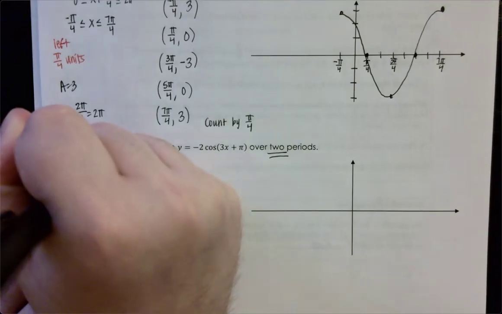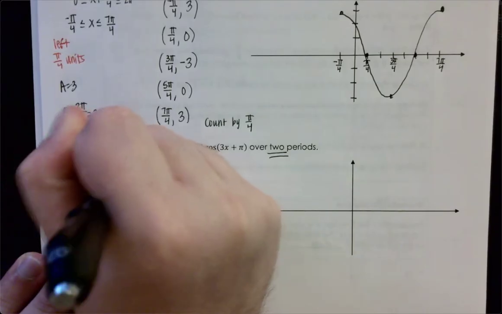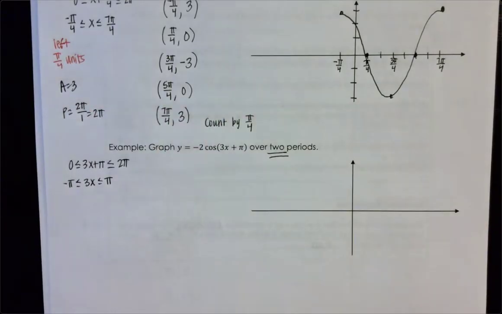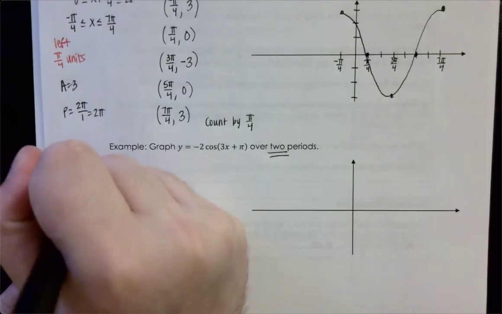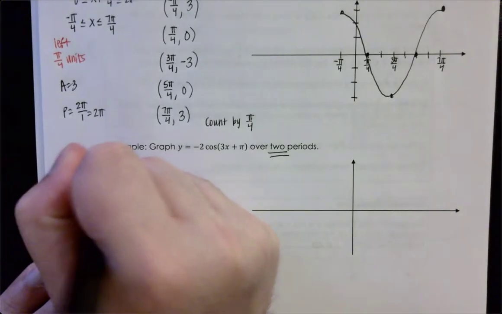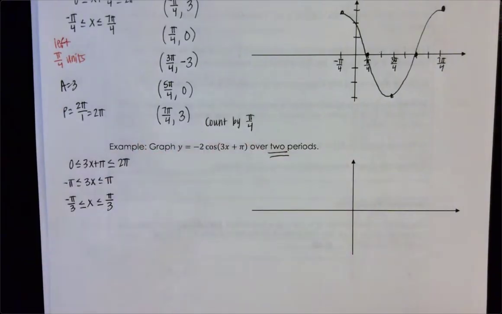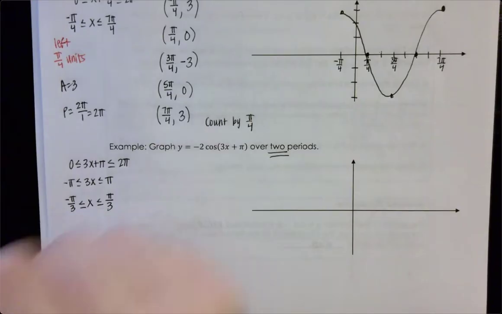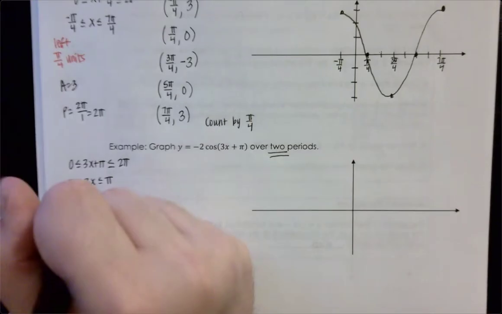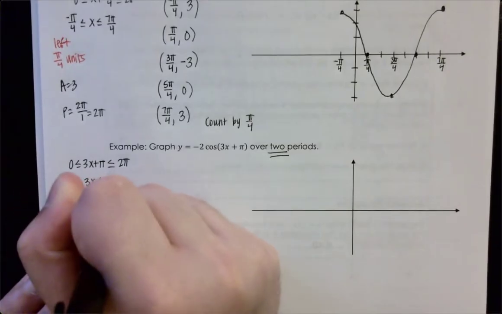Subtract pi. Divide by 3. So this tells you we went left pi over 3 units.